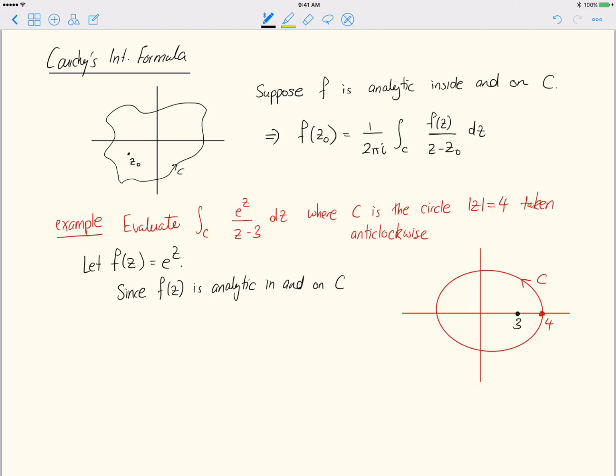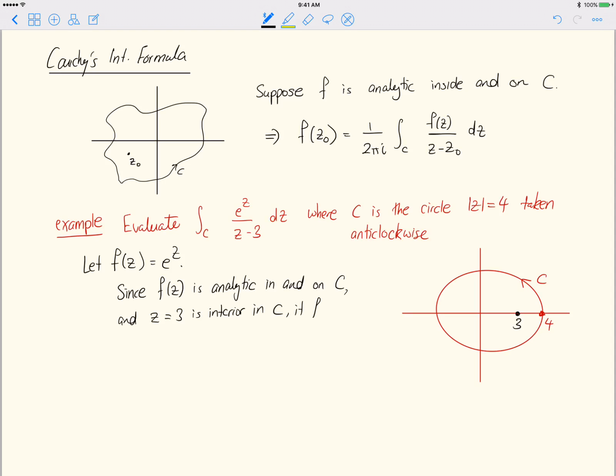So of course it's going to be analytic within and on the boundary of C. So since f is analytic in and on C, and z equals 3 is interior in C, right? It doesn't lie on the boundary, it's strictly interior.